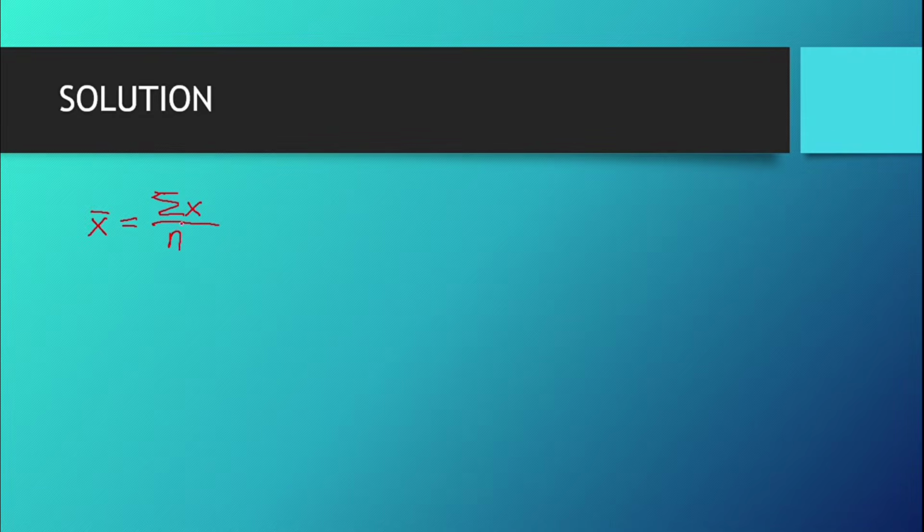The summation of x over n, so we just add: 20 plus 26 plus 40 plus 36 plus 23 plus 42 plus 35 plus 24 and plus 30.